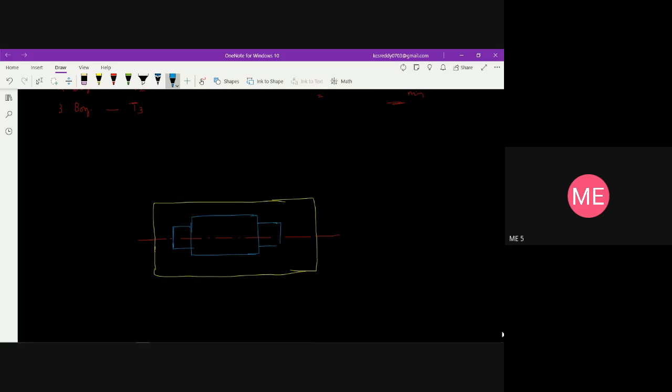Okay, so this is the model which I have to make, and this is the part which you need to remove.